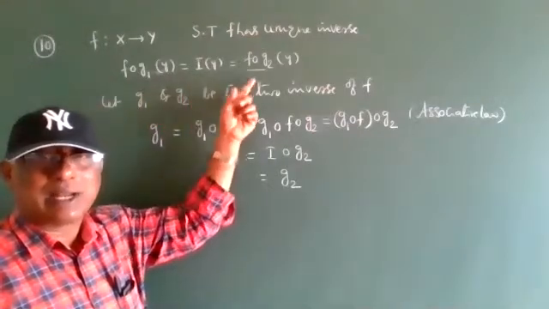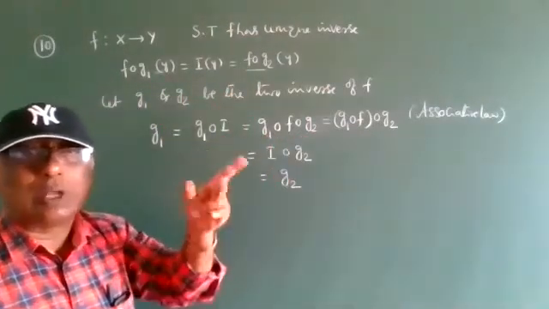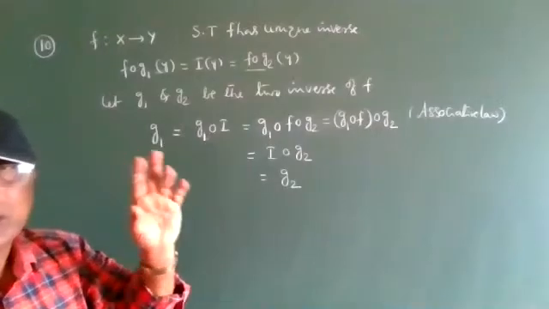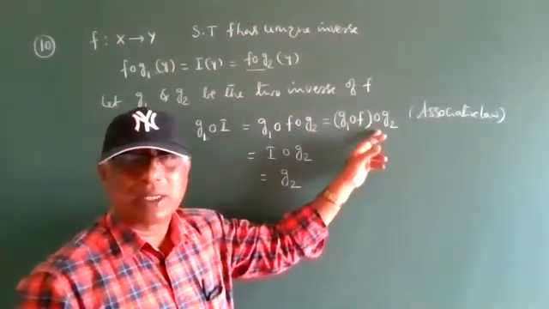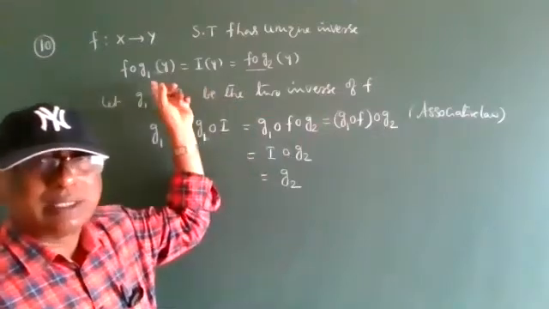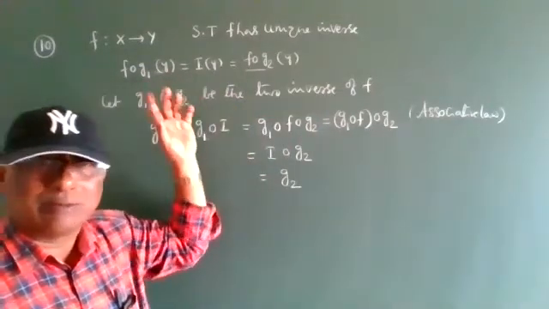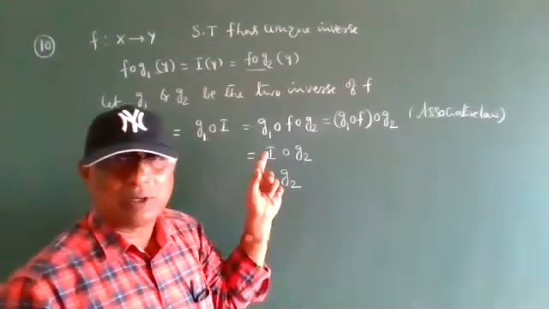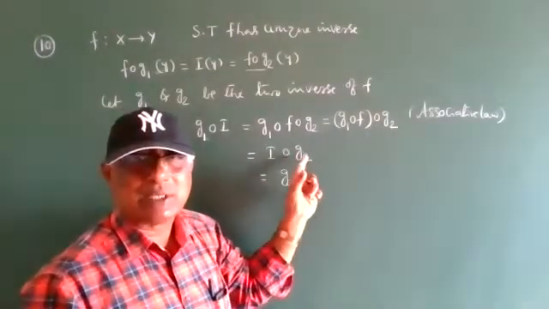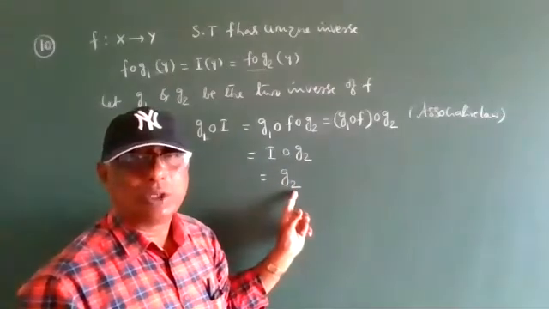Therefore, in place of I, I will write F circle G2, and by the associative law, we can take any two together. So G1 circle F circle G2. G1 circle F is equal to I. So this is I circle G2, and identity gives the same element G2.